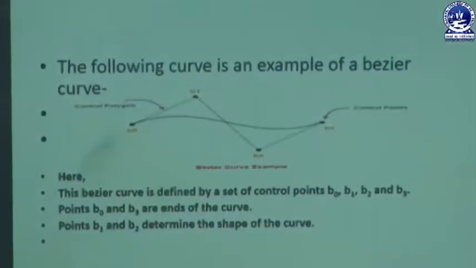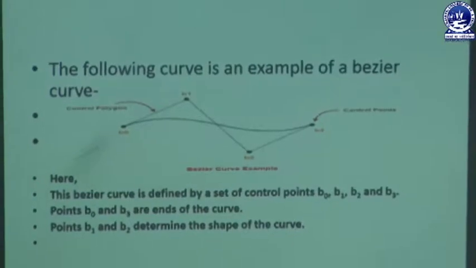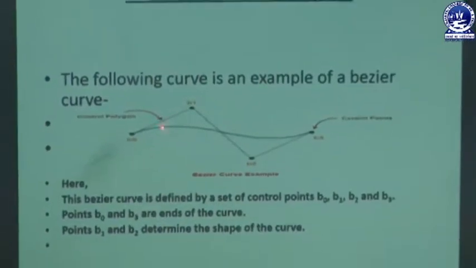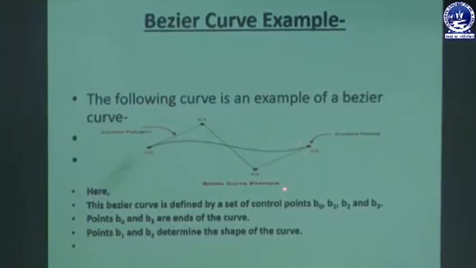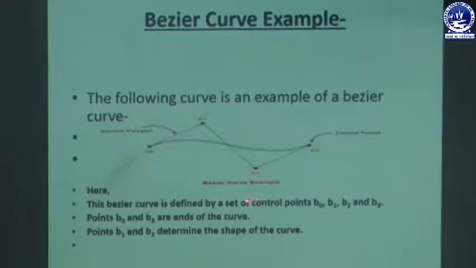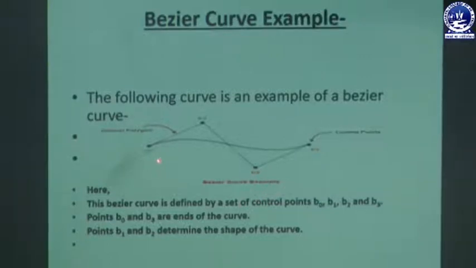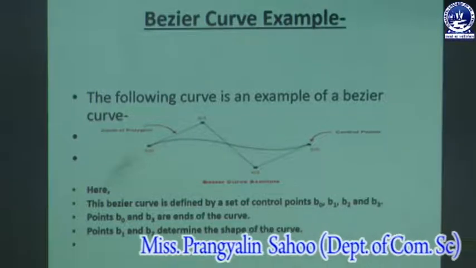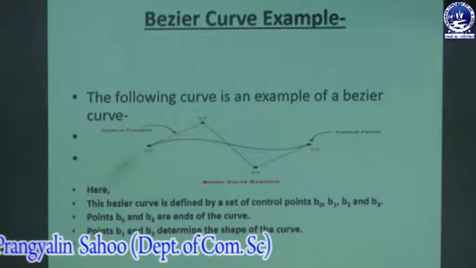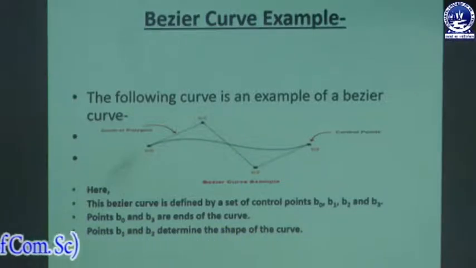Okay, now let's go to our next concept, Bezier curve examples. Here is one curve described by 4 coordinate points: B0, B1, B2 and B3. That means the Bezier curve contains 4 control points, and among them there are 2 end coordinate points, B0 and B3.